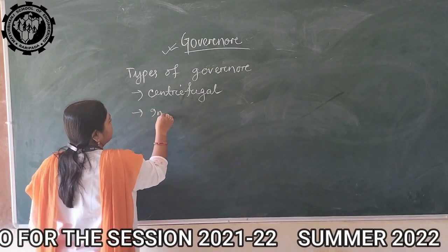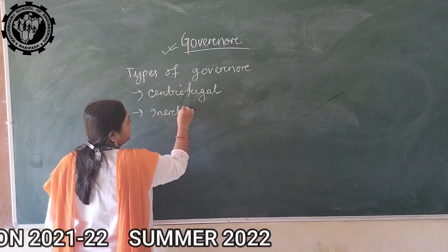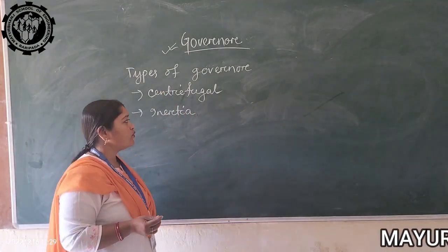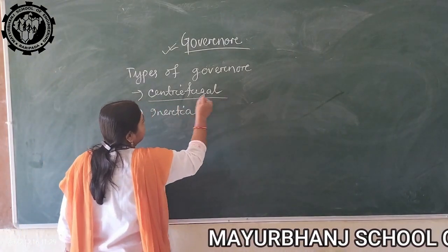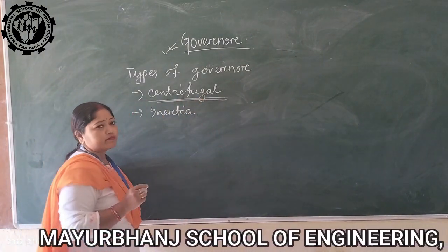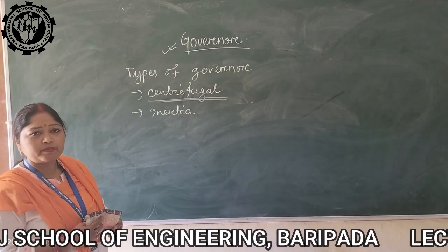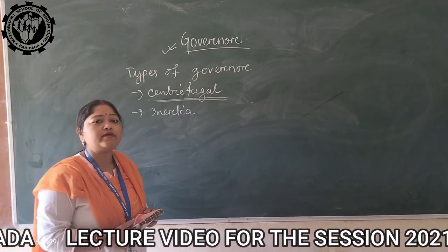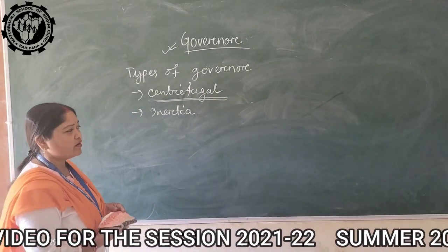Another one is your inertia governor. Today we will study about the working principle of a centrifugal governor. Before going to the working principle, we will discuss what are the different types of centrifugal governor.